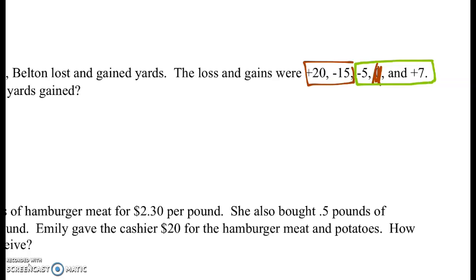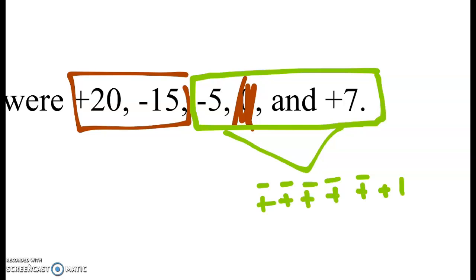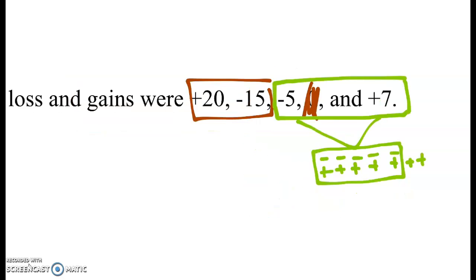Since I have my green color already, I'm going to go ahead and do this right here. So we have a negative 5 and a positive 7. 1, 2, 3, 4, 5. 1, 2, 3, 4, 5, 6, 7. We have a 0 pair right there. So what's left over? 2 positives.